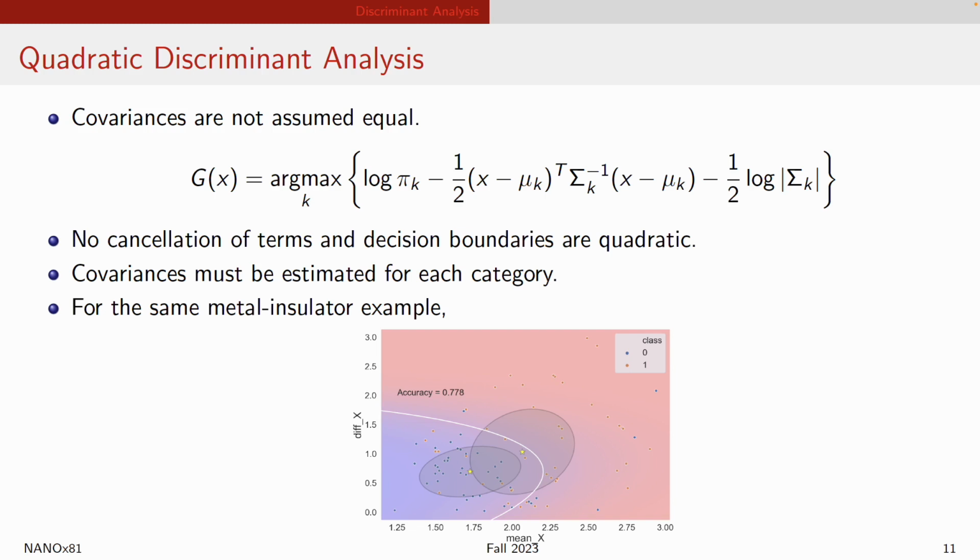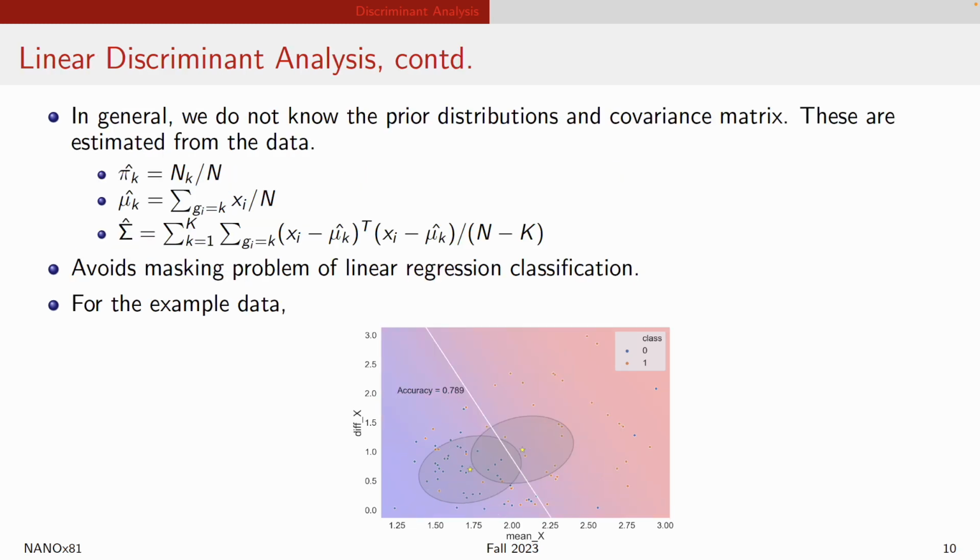So also, instead of estimating one covariance matrix using your entire data set, you now basically have to take every single class and estimate a covariance matrix for every single class. Okay? So you can imagine, in this case, I am estimating the covariance matrix by summing across all the different classes this essentially squared difference between the observed data and the mean, and I'm calculating it for every single class.